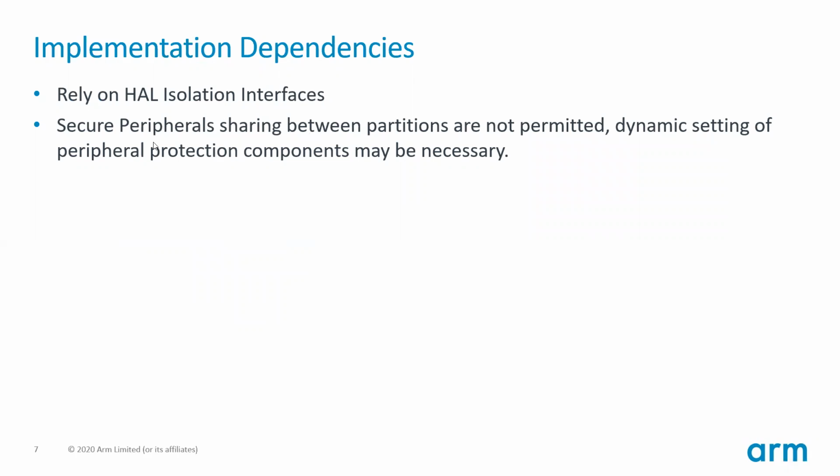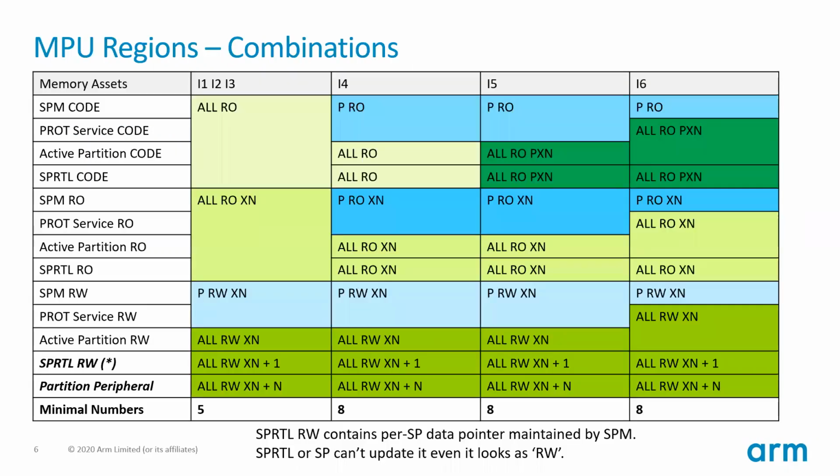I think secure peripheral sharing between partitions is not permitted, not allowed. It's a problem today, even if you don't use isolation, because if two partitions are independently scheduled, then giving them both access to the same peripheral means you need some way of serializing access and knowing which partition is using it.